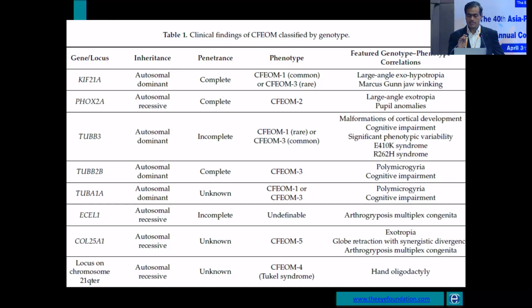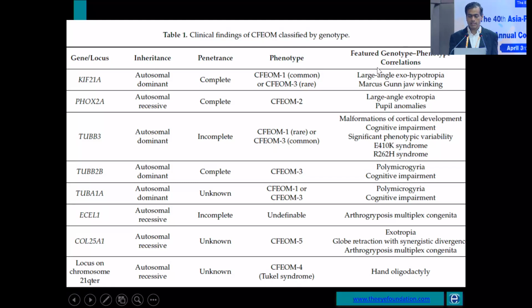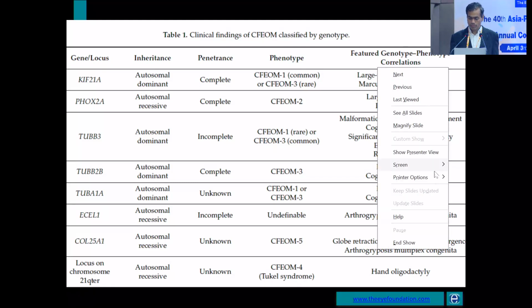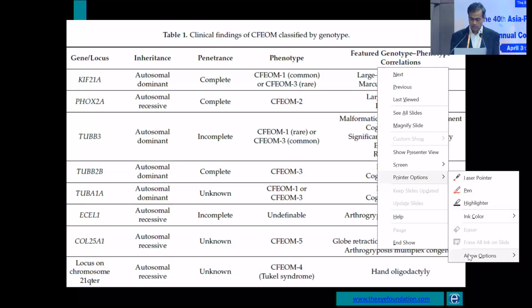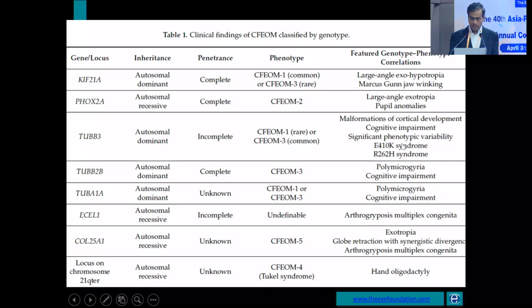So just to summarize this busy table, we have 5 main types of CFEOM. CFEOM 1 is characterized by large exo and hypotropia, and the most commonly involved gene is KIF21A.